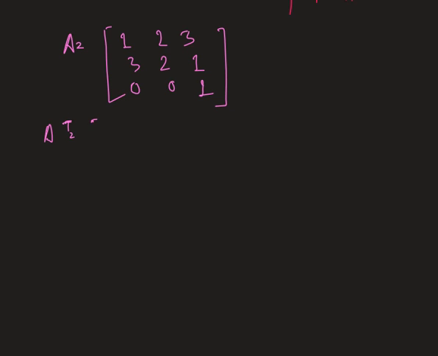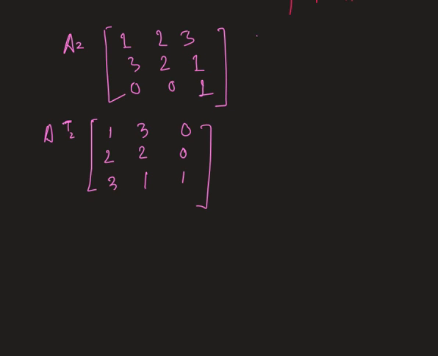So how can we get this? We just interchange the first row of the matrix A with its first column, that is 1 3 0. Similarly, the second row is interchanged with its second column, that is 2 2 0, and the last row is exchanged with its last column, that is 3 1 1.